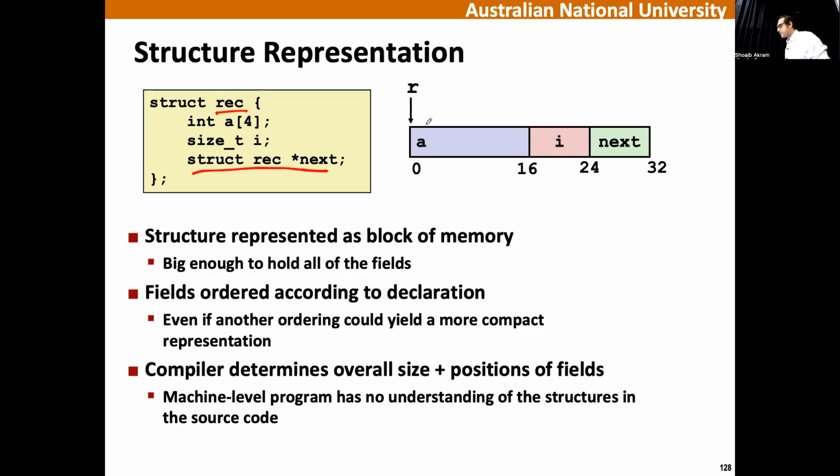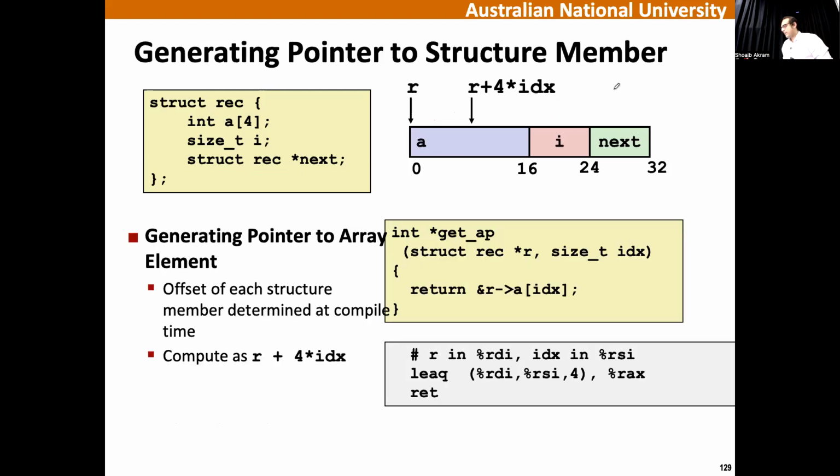And the fields of the struct are laid out in memory contiguously. So first 16 bytes for the array, the next 8 bytes for size_t, and the next 8 bytes for the pointer next. And if I want to grab a member of a struct, I use the struct member operator.